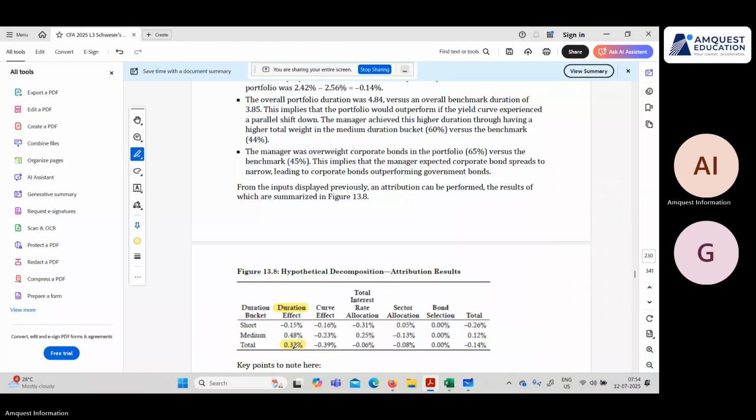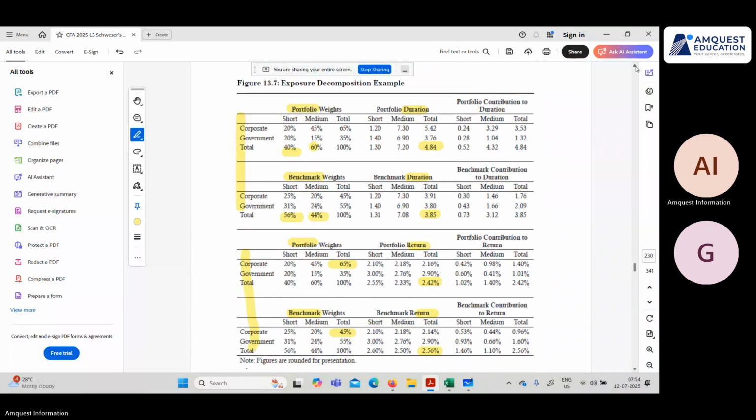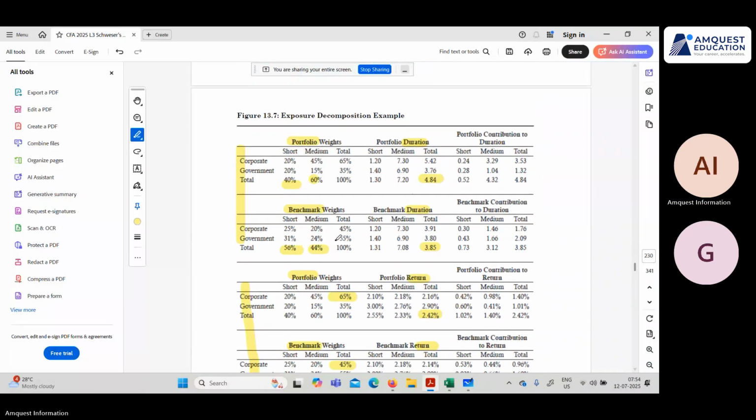Okay? How about the curve effect? So I'm saying here that I'm losing around 39 bips in curve effect. What did we see in curve? Look at this here. In the short term, I was long on the medium term versus the short term.